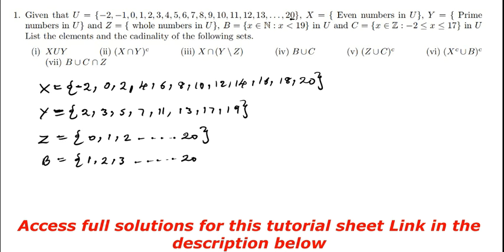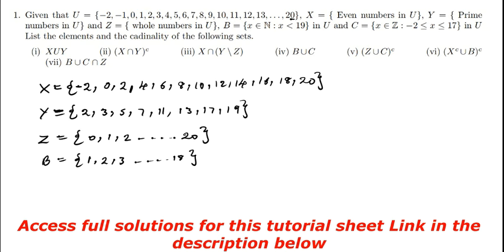No, not up to 20, because we are saying less than 19. So all the way up to 18, because 19 is not included in the set, because we are using the symbol less than. If it was less than or equal to, we would include 19 as well. So that would be B.